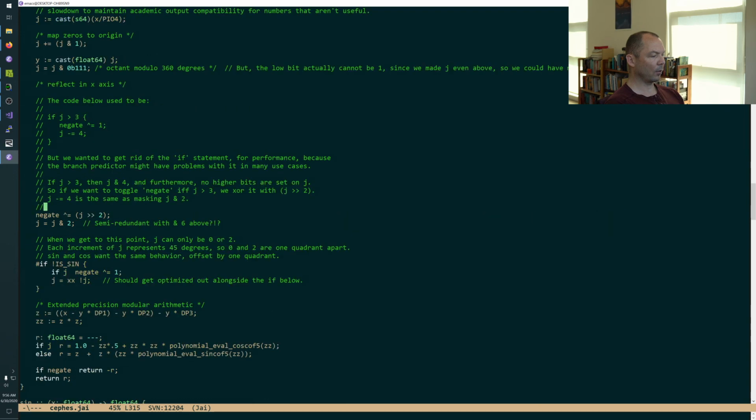And then down here, okay, we have a problem actually, because this relied on us masking off the lower bit. Right? If we just XOR here, we add a bit, and then we have to mask it off again later.